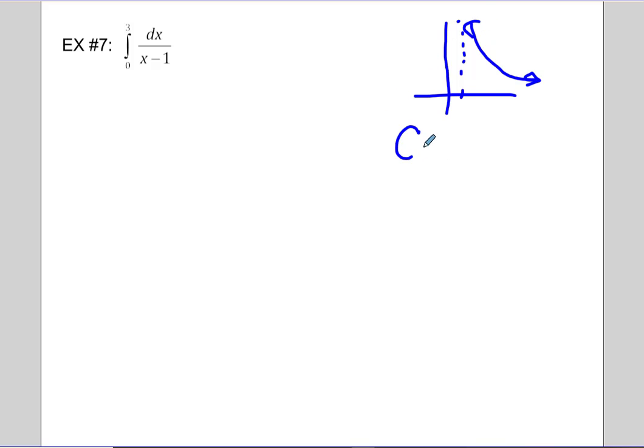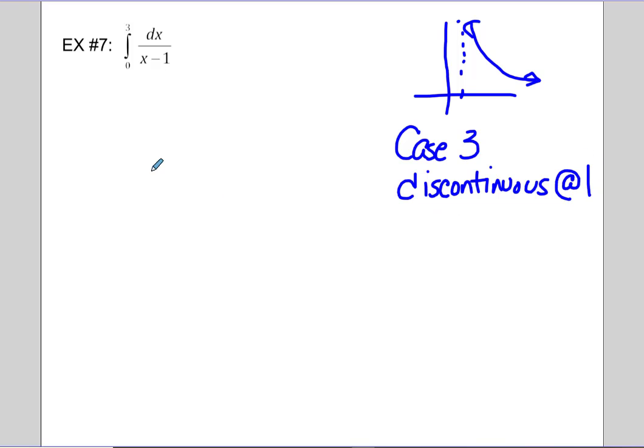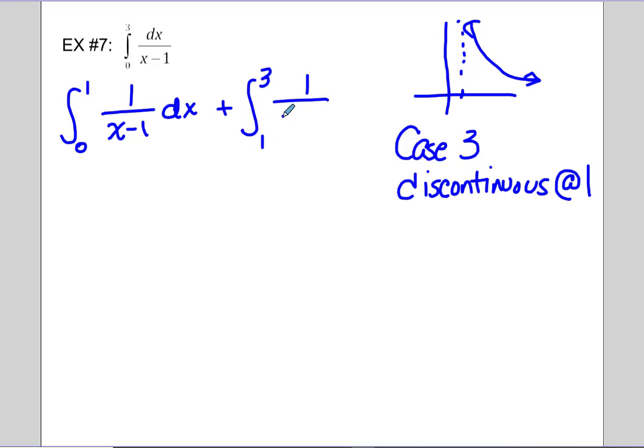So we have case 3, because the graph is discontinuous at 1. So we've got to break that up to go from 0 to 1 of 1 over x minus 1 dx, and then we can go from 1 to 3 of 1 over x minus 1 dx.